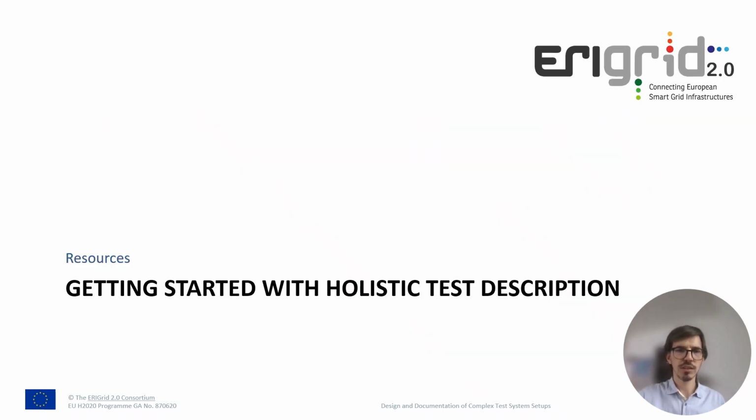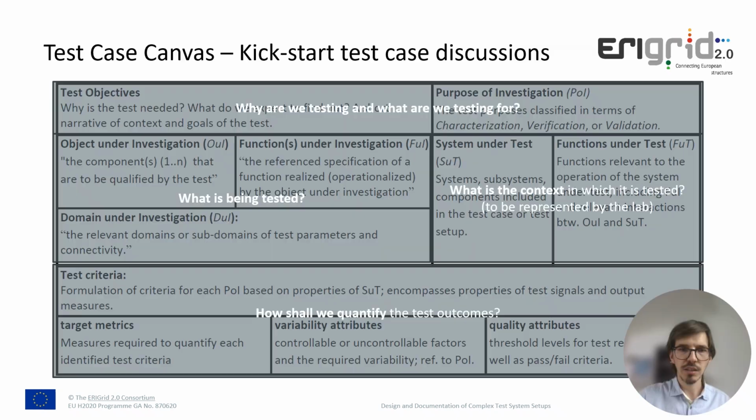To get started with the holistic test description, we have a strong suggestion to use the test case canvas, which is the backdrop of these questions here. You can find it as a PDF and really use it to kickstart your test case discussions. Just try it out.